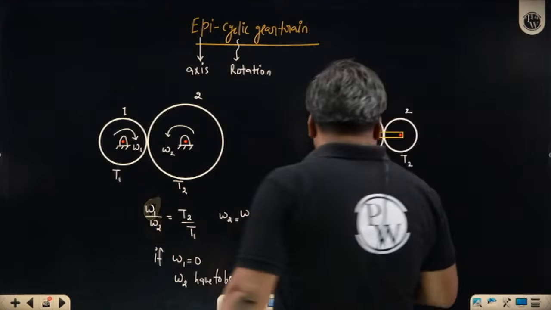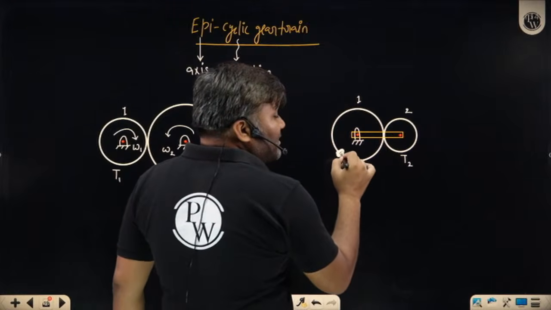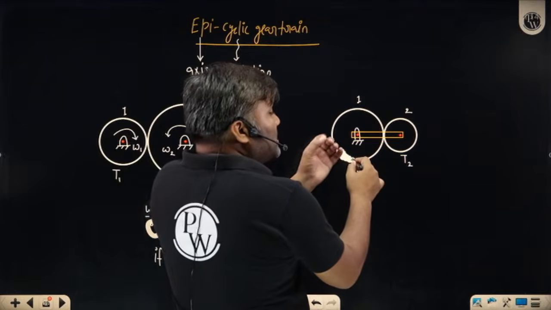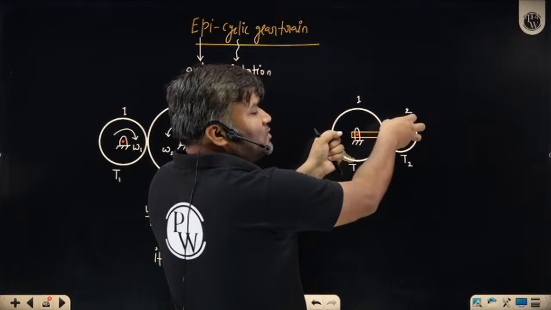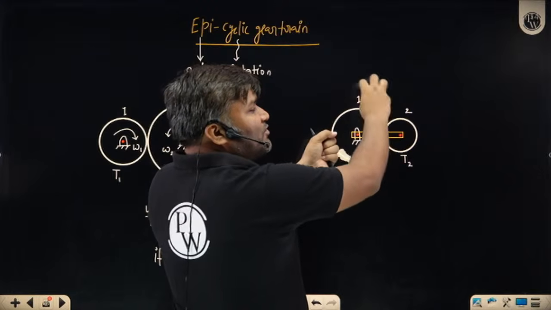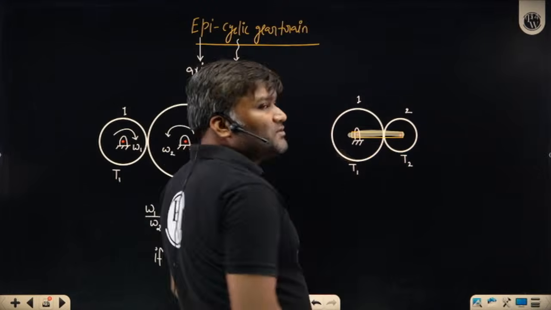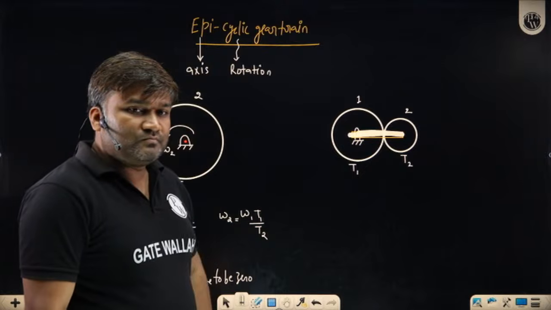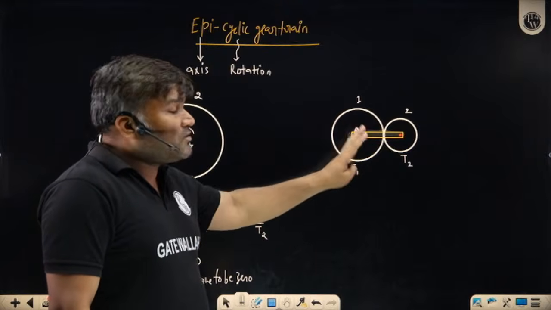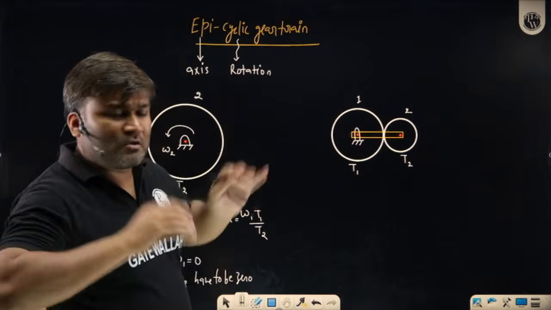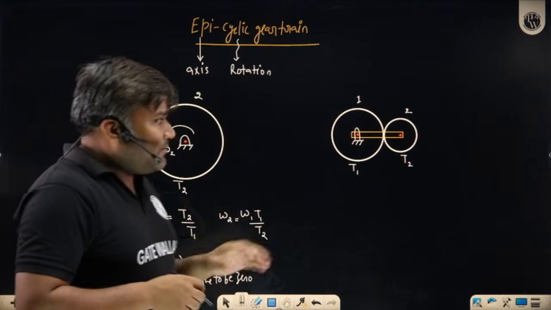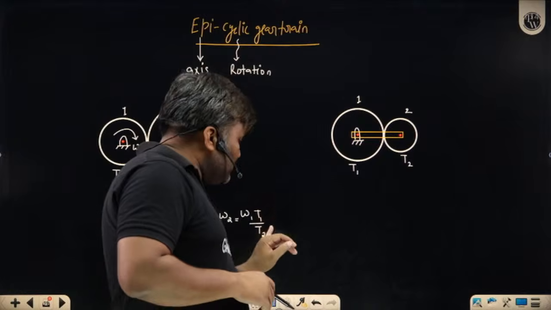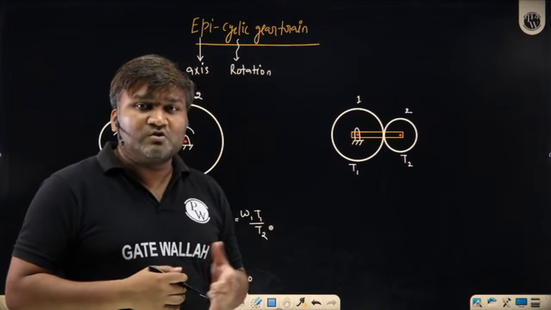But even in this case, even if I hold gear 1 stationary, can you see gear 2 can still have rotation because of the presence of this arm? So I cannot solve this question, because only one equation I had, but this equation cannot be used here. It is not valid here.